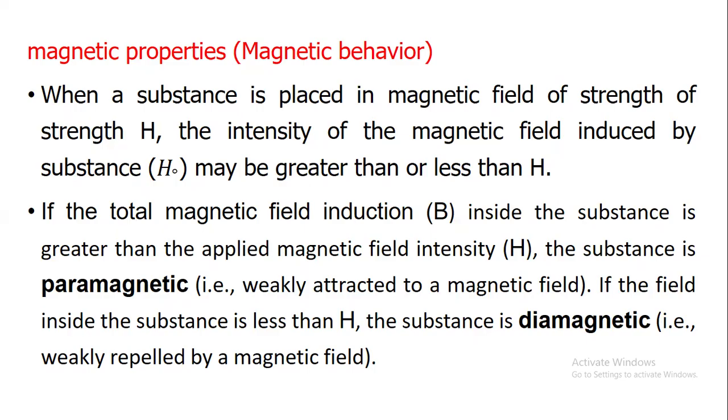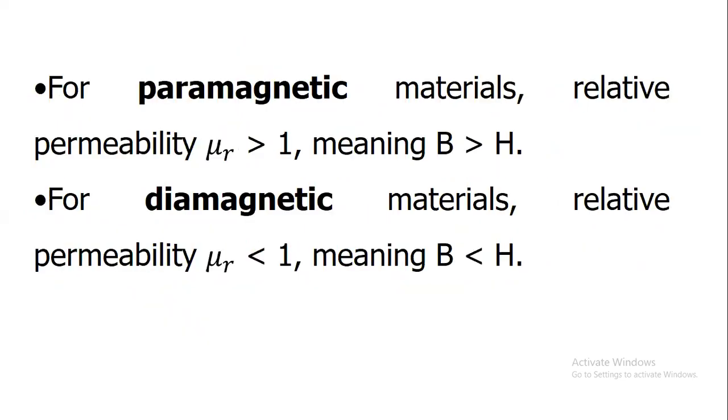If the field inside the substance is less than the applied magnetic field, the substance is diamagnetic, that is, weakly repelled by the magnetic field. For paramagnetic materials, relative permeability mu r is greater than 1, that is, B is greater than H. That is, the induced magnetic field is greater than the applied magnetic field.